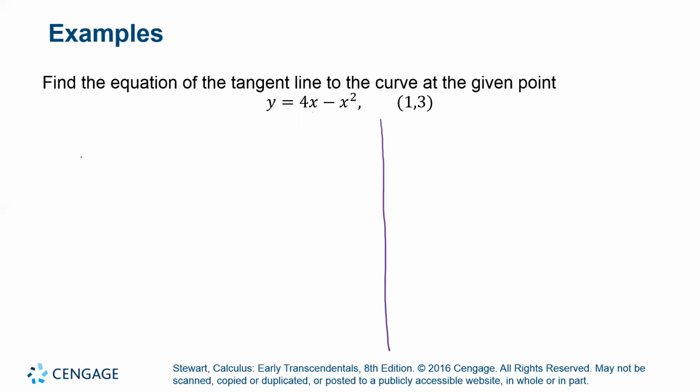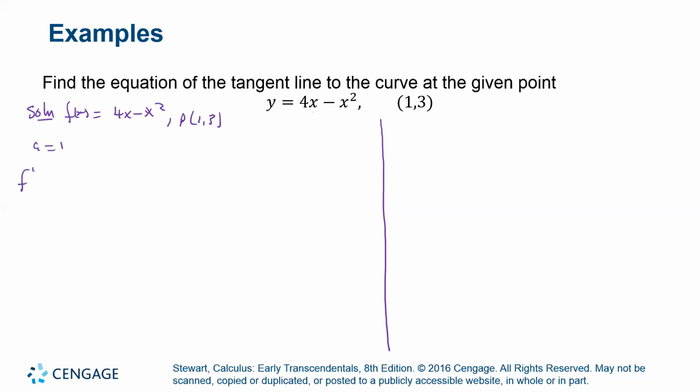All right, now our f of x, this is the solution. f of x is 4x minus x squared. My point P is (1, 3), so in this case my a is 1.